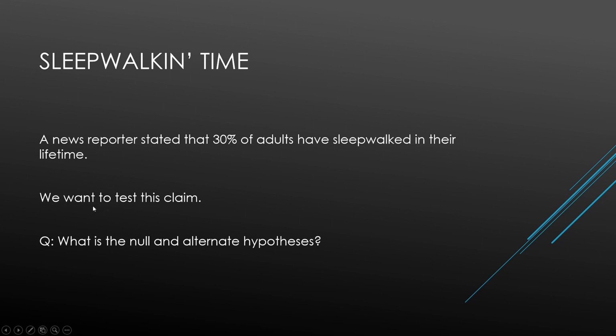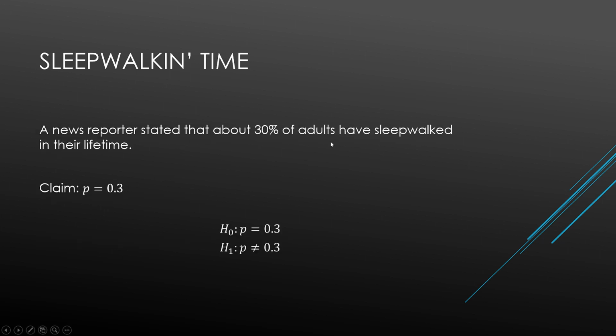To test this claim, we need a null hypothesis and an alternate hypothesis. Now, since the claim is that the proportion who have sleepwalked is 30%, our null is, of course, focusing on 30%. And since the claim is that exactly 30% do it, our alternate hypothesis will be not that. It'll be p not equal to 0.3.